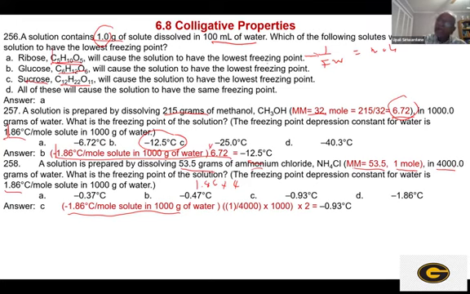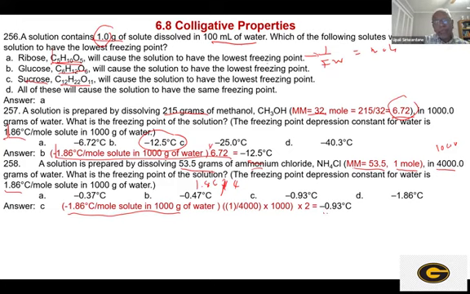1,000 grams gives a higher depression. The 400 grams solution has a lower number of solute per 1,000 grams. Therefore, this divided by 4 is the answer. I said multiplied by 1.86.